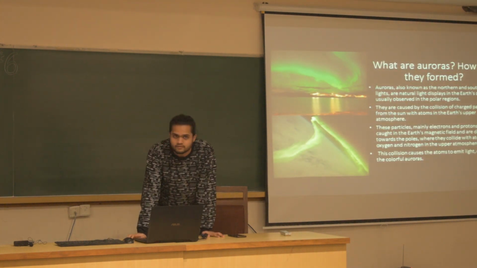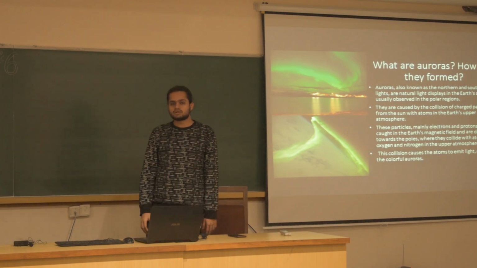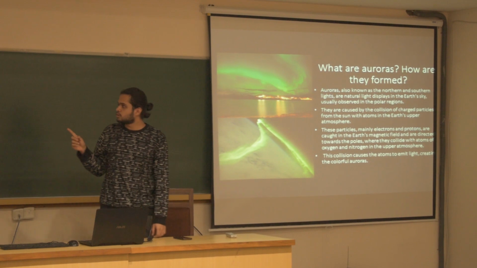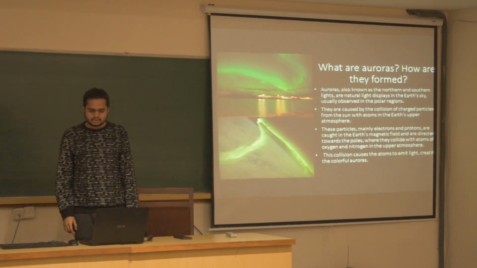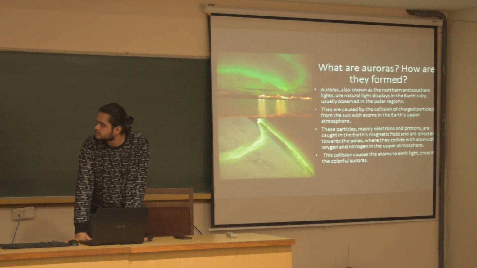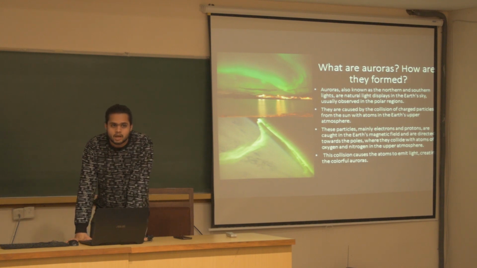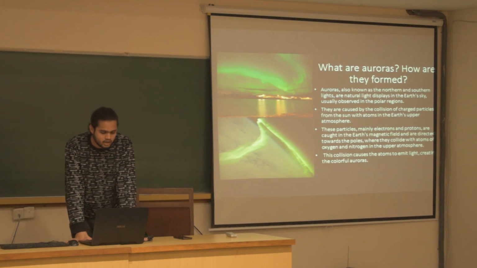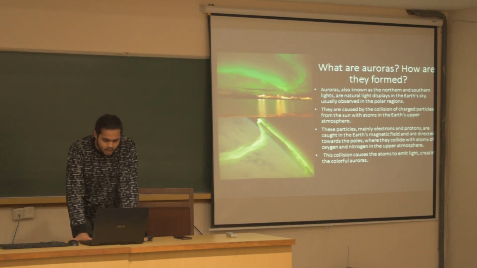So you must have heard of auroras, the northern lights. They are found in the south also, as southern lights. As you can see, the first picture is one you must have seen a lot, but the second one shows how auroras look from space, which I found very interesting.